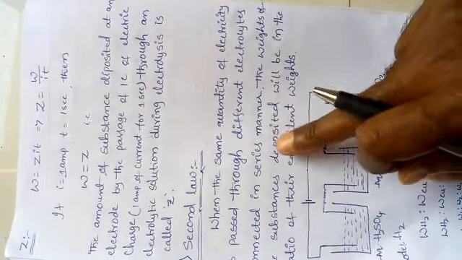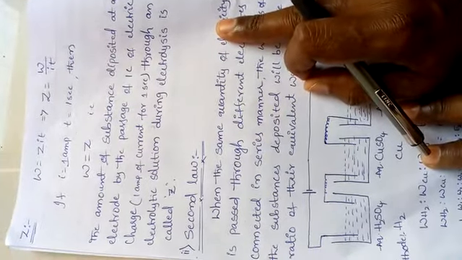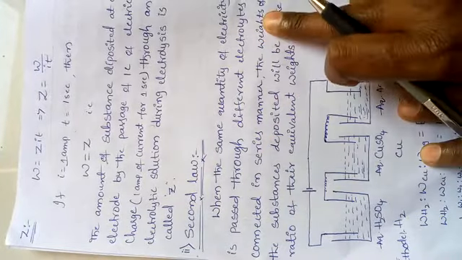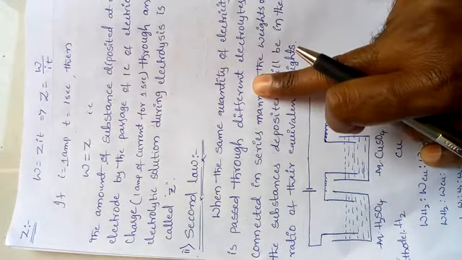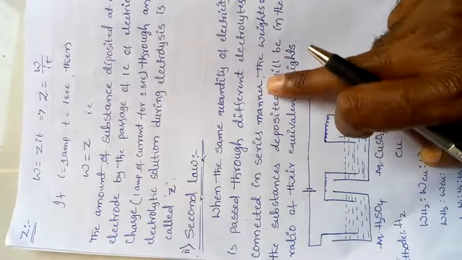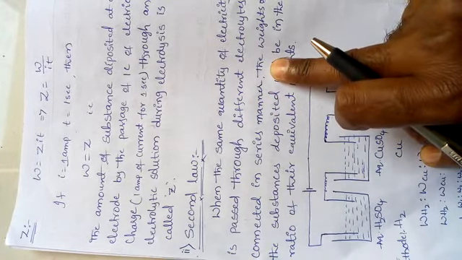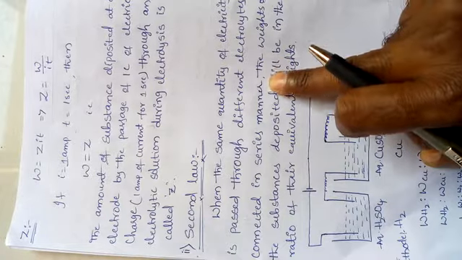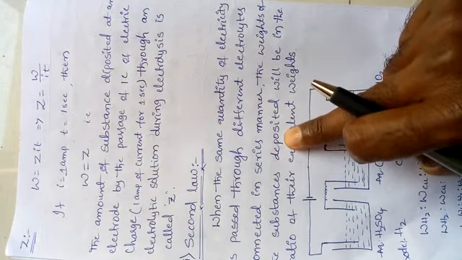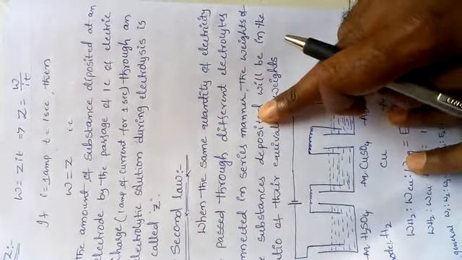Clearly, students, the same quantity of electricity means the passing current should be the same through different electrolytes connected in series. Then the deposited amount of product at the electrodes is in the ratio of their equivalent weights. This is the statement of the second law.